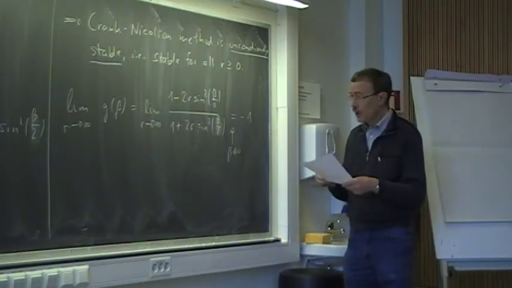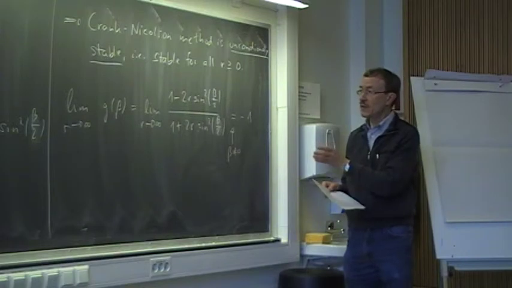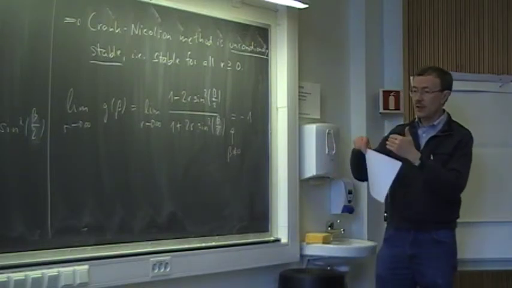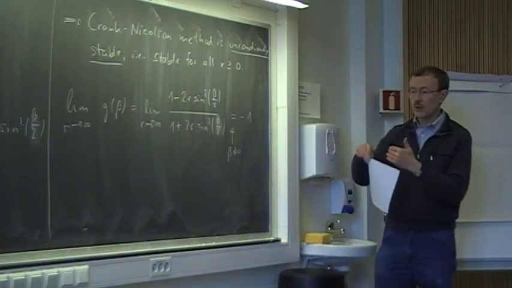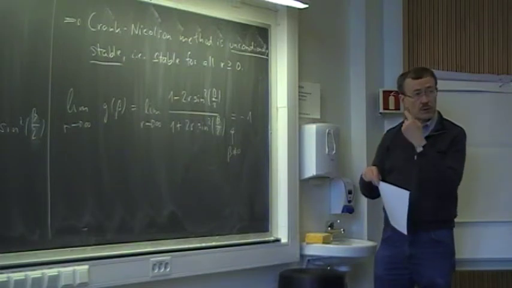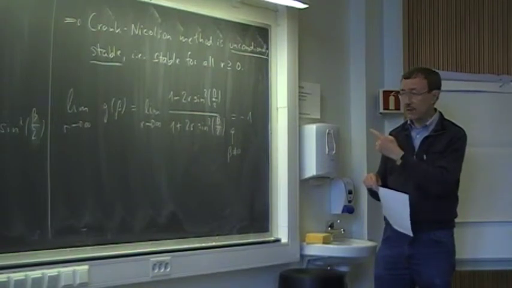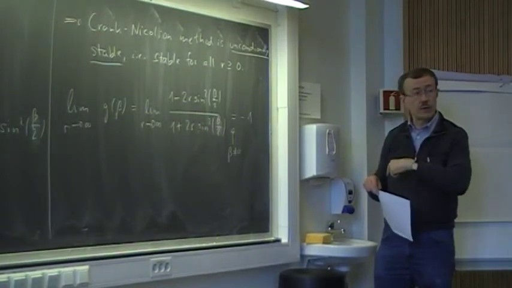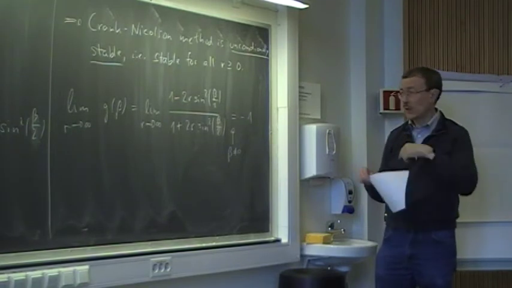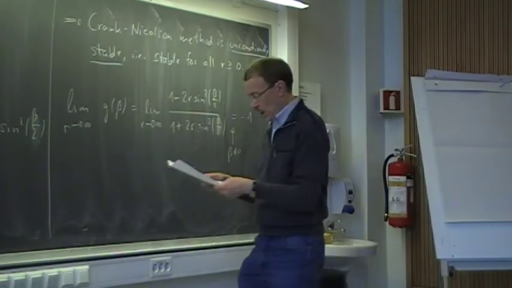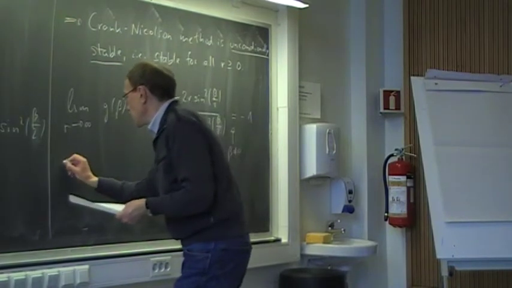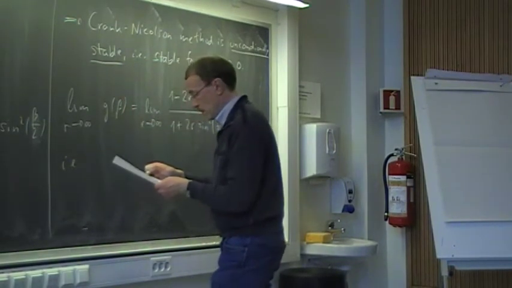Remember, the amplification factor means that in each time step we multiply the solution by this. So the wave amplitude of some wave is each time multiplied by this factor. If it's minus 1, it means that the amplitude is flipping. It means oscillations.